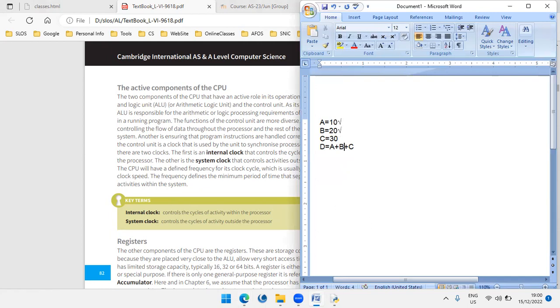C doesn't. C does, but later. Before that, this happens. Then what will be the problem? C doesn't have a value yet. No? A has 10, B has 20, okay, but C, how much? Because this is not done.